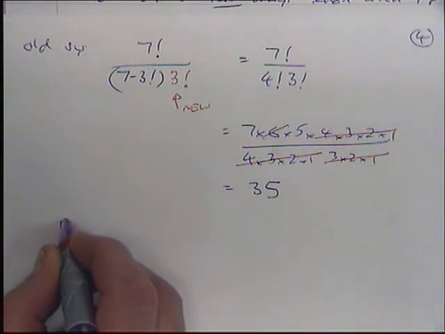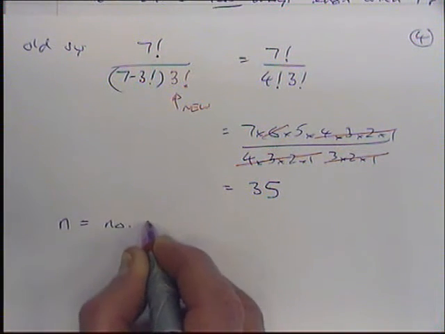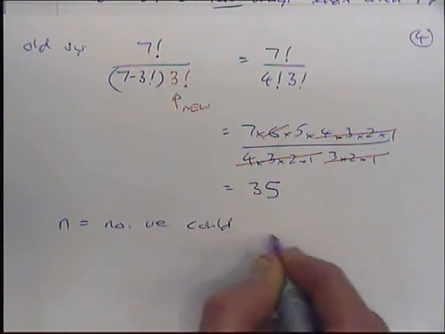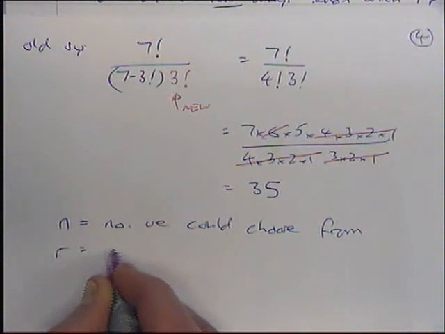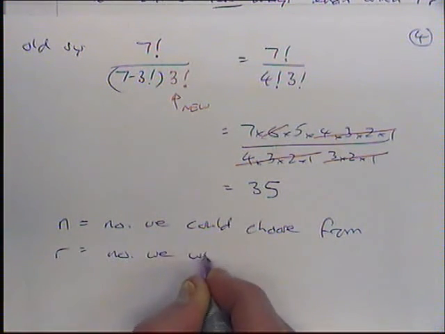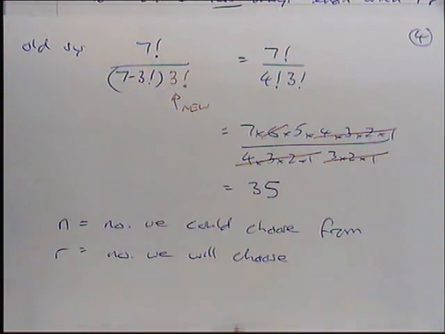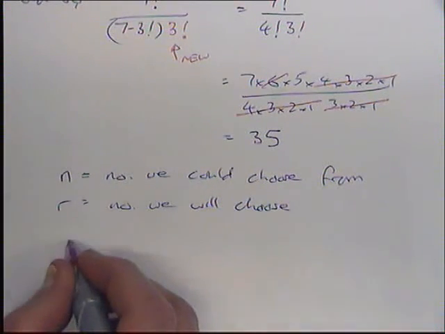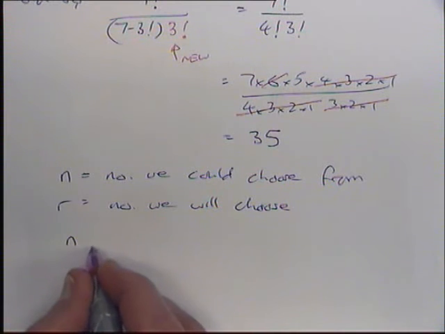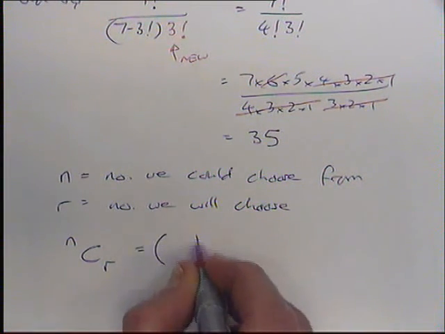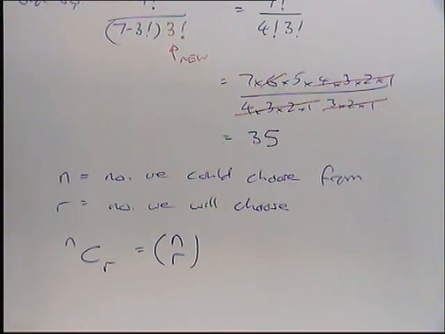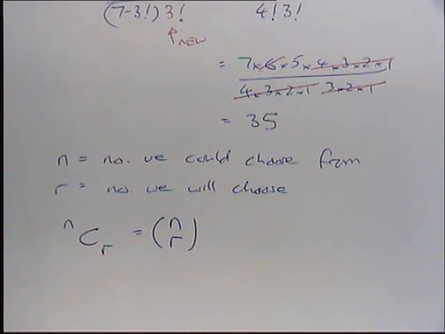Okay? So what we have got here, we said this is a combination. So what we have here is n was, again, the number we could choose from. R is the number we will choose. The notation for this can be one of 2 things. It can either be nCr, like that, which is just like the P, except there's a C in there. Or it's also sometimes written down like this. A bit like a vector. N on the top, R below, in brackets.